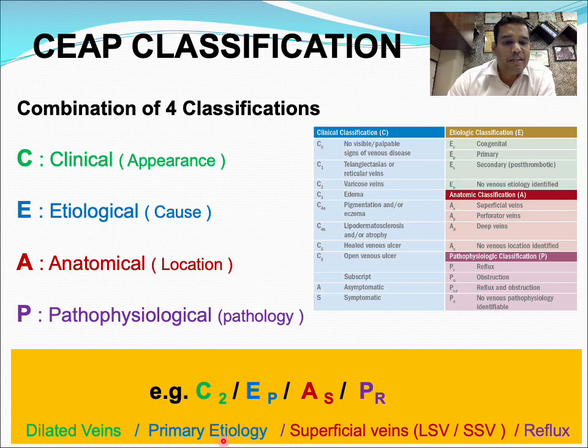The pathology is primary, that is, the patient has some history of prolonged standing, and as the vein is visible, it is involving the superficial venous system, and as P is R, that is reflux disease, that means there is a reflux of blood from the deep venous system, from the femoral vein, into the superficial venous system, and the patient is having this symptom. So this is the CEAP classification. Normally you should apply this to your diagnosis, but normally it is not practiced because it is very tedious to remember.